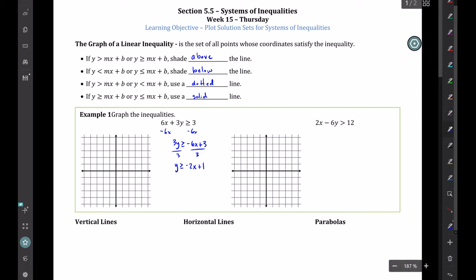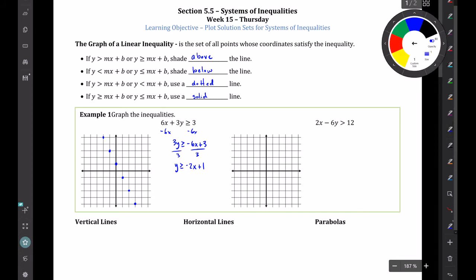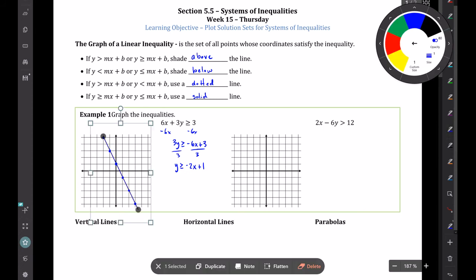So here's the y-intercept, plus 1, and then we're going to have a slope of negative 2. So I'm going to go down 2 and to the right 1, or up 2 and to the left 1. So there's my line. And I want to use a solid line because this is a greater than or equal to.